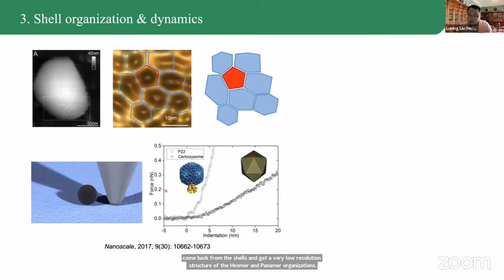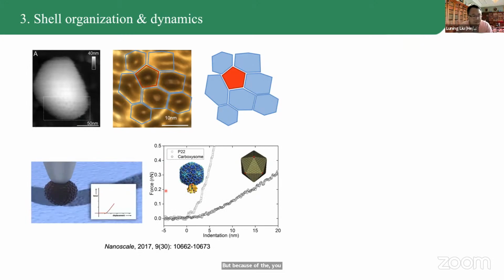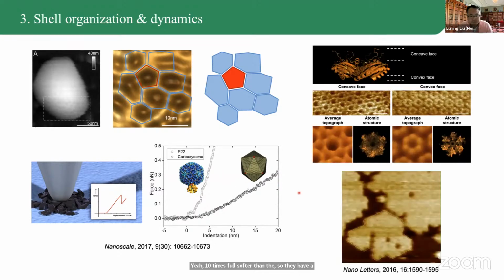But because of the softness of these carboxysomes, when we did the AFM imaging or nano-indentation, we found it's different from the virus capsid. It's much softer, about 10-fold softer than the virus capsid. So we have a specific assembly mechanism, which makes it challenging to see the overall shell structures.